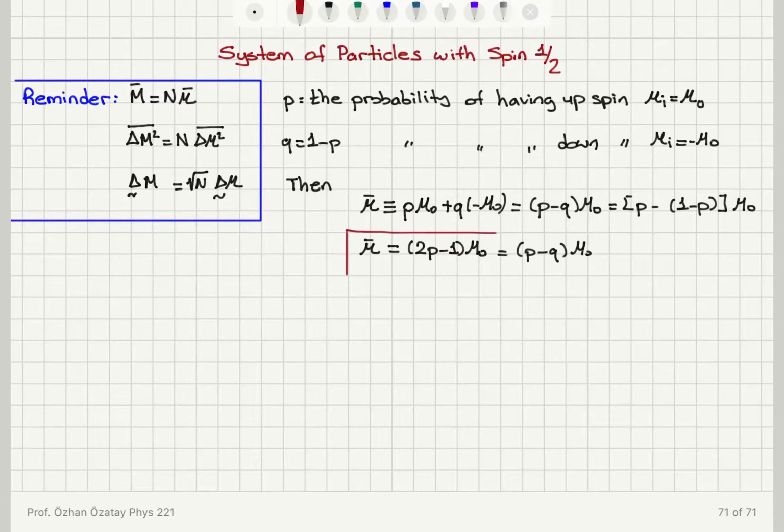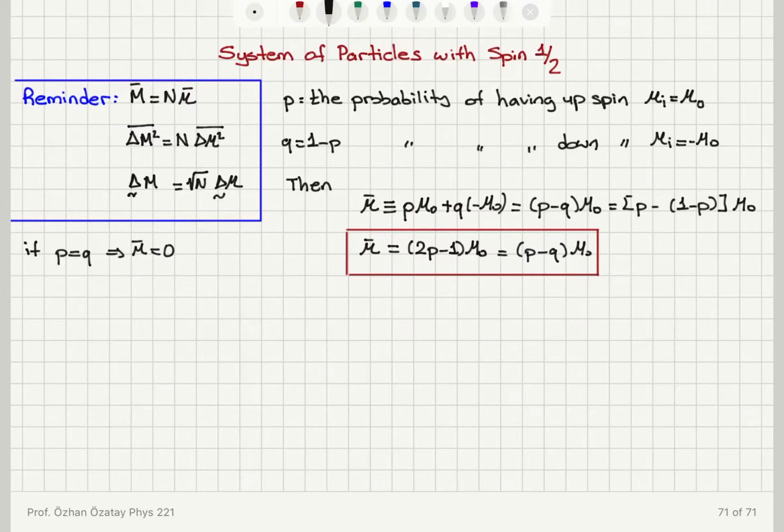So now I know the average value, the ensemble average, of the moment per spin. And just for checking, if P is equal to Q, the average moment should be 0, because I would have the same probability 1/2 for up spin and down spin, and this would happen with no external magnetic field.